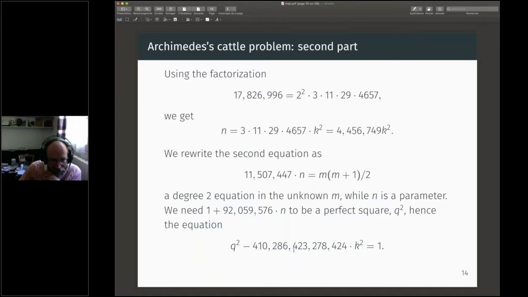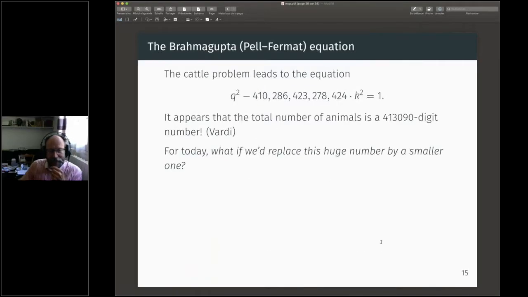It's too high and too big a number for me. Equals 1. And in fact, this problem is nowadays known as the Pell-Fermat equation, and in fact, it was known by Brahmagupta, an Indian mathematician, something like 1,000 years before.